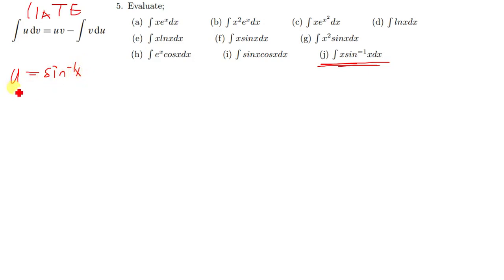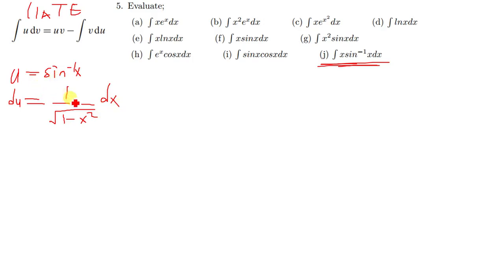If I find my du there, du will just be equal to 1 over the root of 1 minus x squared. This is the derivative of sine inverse of x. Sorry, this is supposed to be dx. It's going to be like this. So this is how you differentiate an inverse trig function.